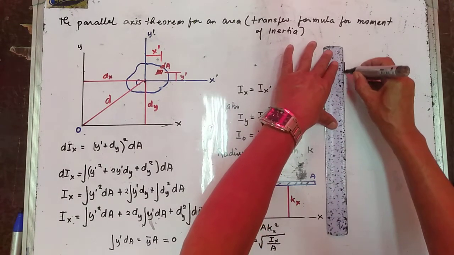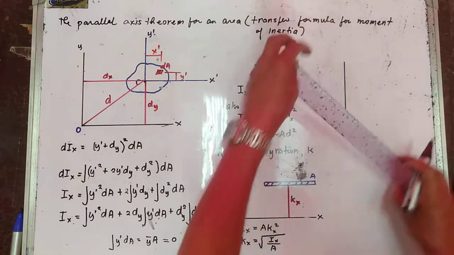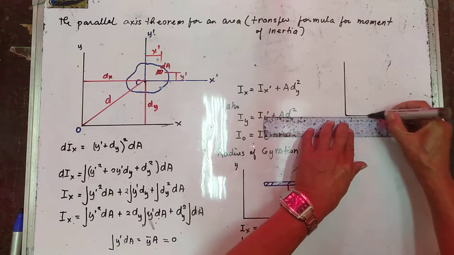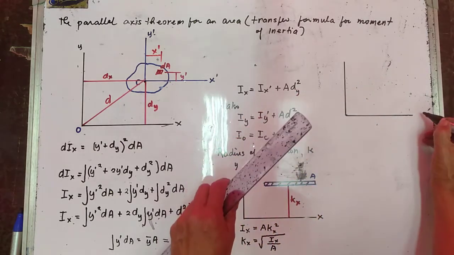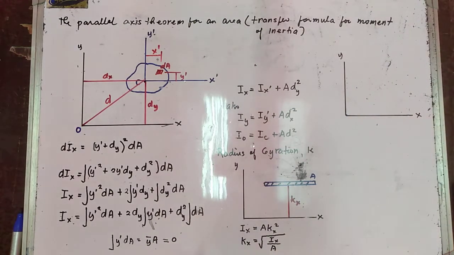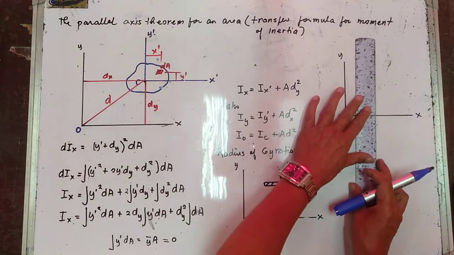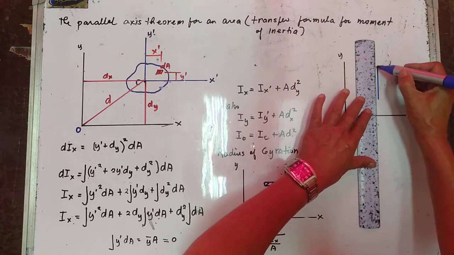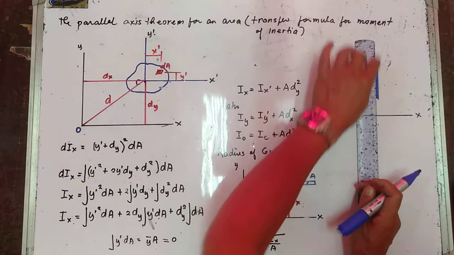Now, again, let's consider this is the y-axis, and we now have the x-axis. If the area is squeezed in the direction of the y-axis, so this is the area which is squeezed in the direction of the y-axis.